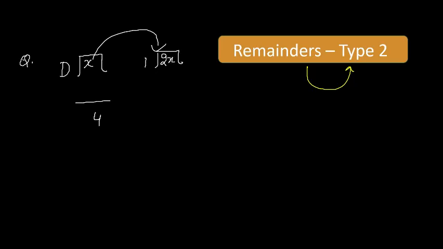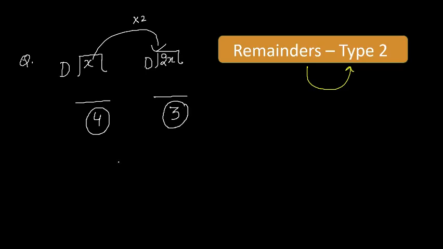He will tell you in the question that there is a number and you are dividing it by any number. Initially your remainder is 4. And when you are dividing double of that number, you are getting the remainder as 3. It will be given that initially you are getting 4, and when you make the number twice, your remainder is now 3.